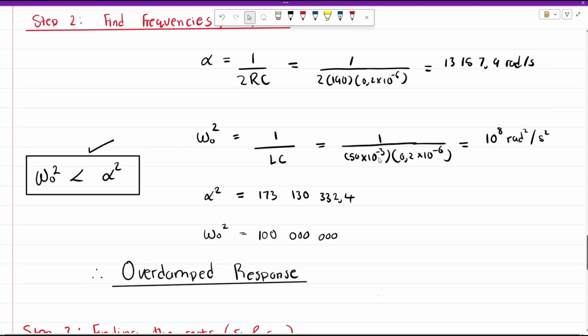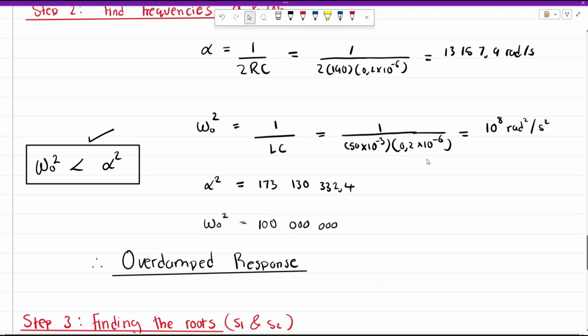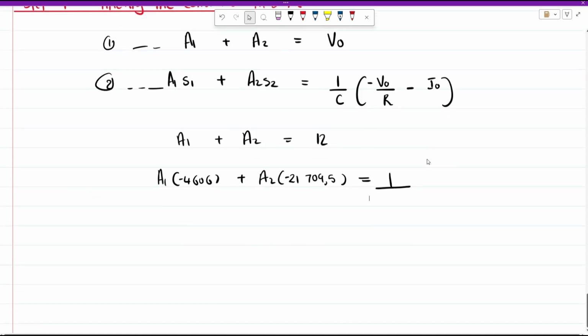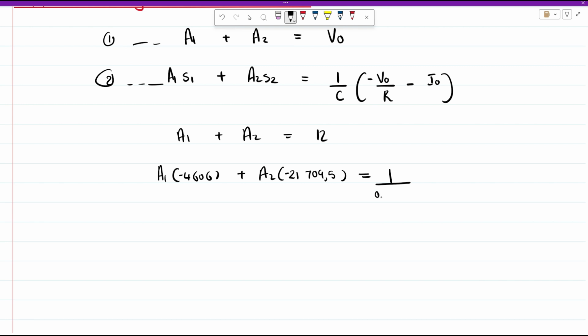The capacitance is 0.2 multiplied by 10 to the power of negative 6. So we're going to put that there, 0.2 multiplied by 10 to the power of negative 6. Multiply that by negative of the initial capacitor voltage, which is 12. So we're going to have minus 12 divided by the resistance. The resistance was 190, minus the initial inductor current.